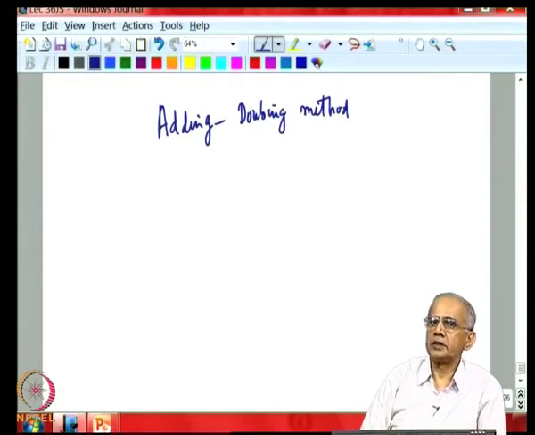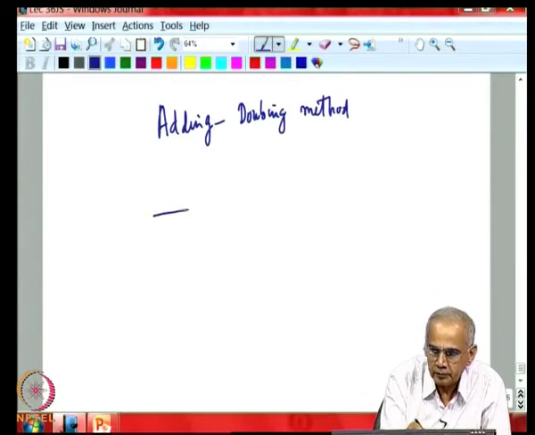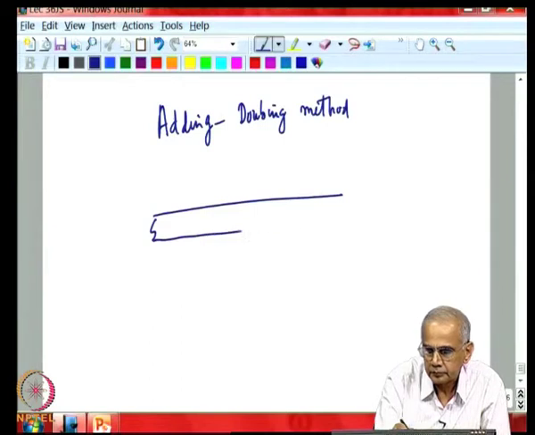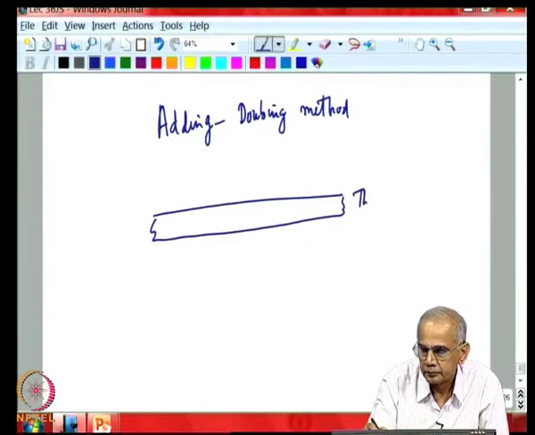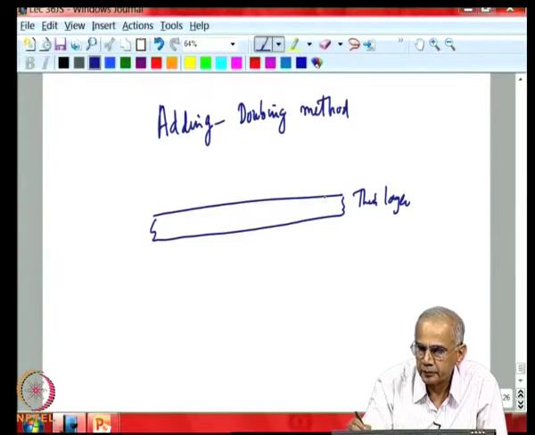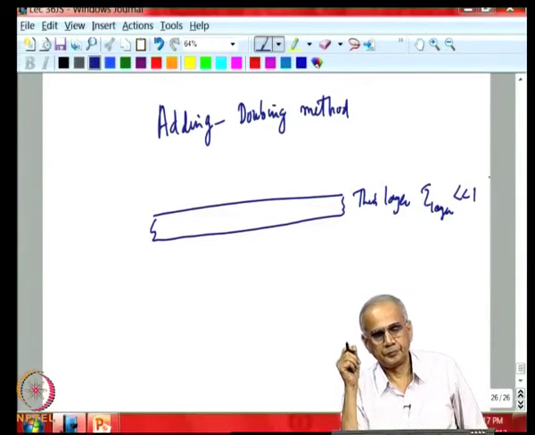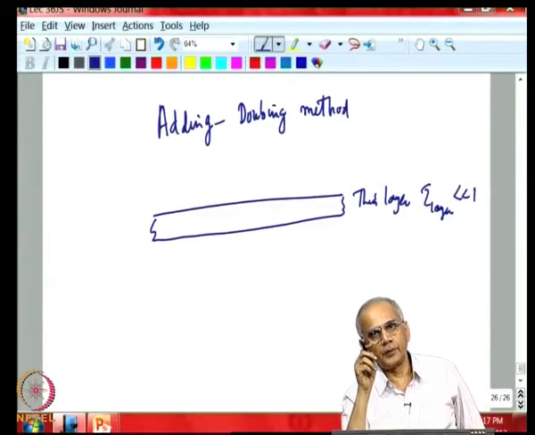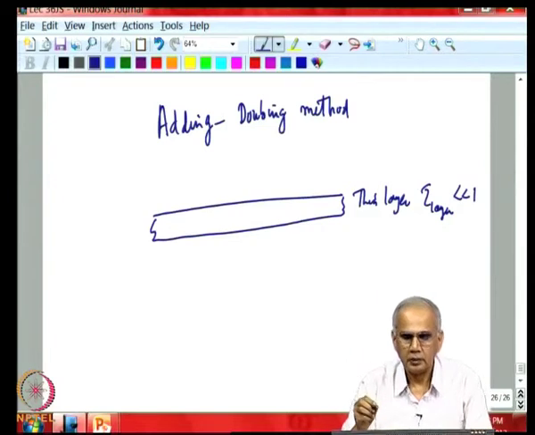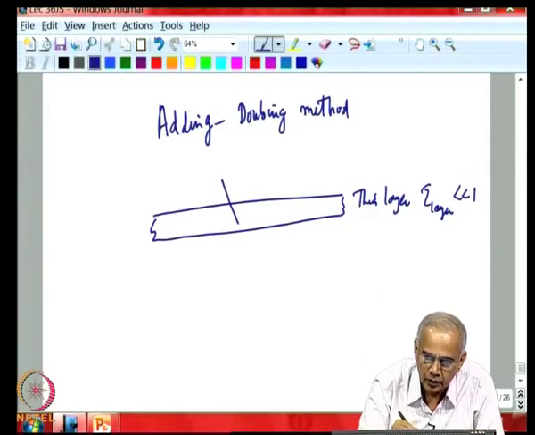This method essentially starts with a very thin layer whose optical depth is very small, as small as you please. Since the optical depth is small, you can assume there is only single scattering.